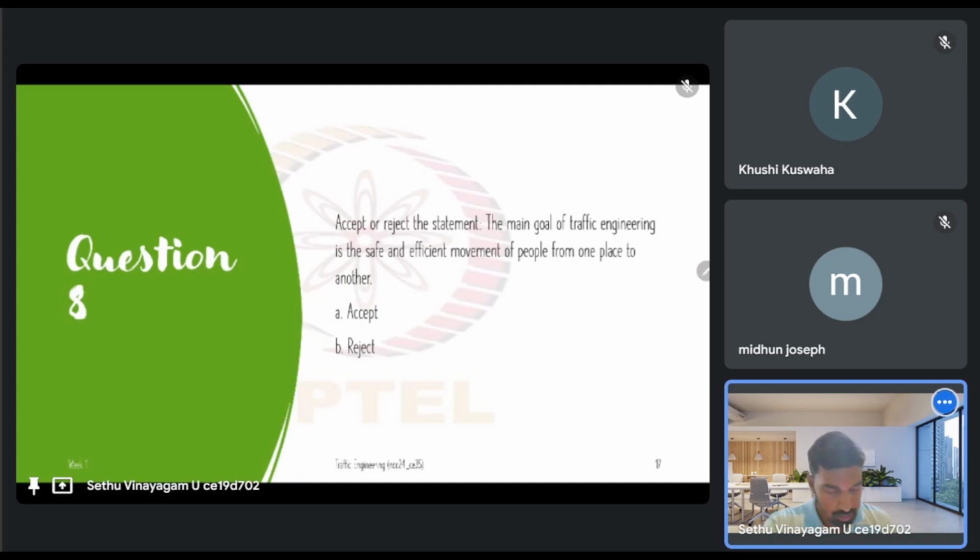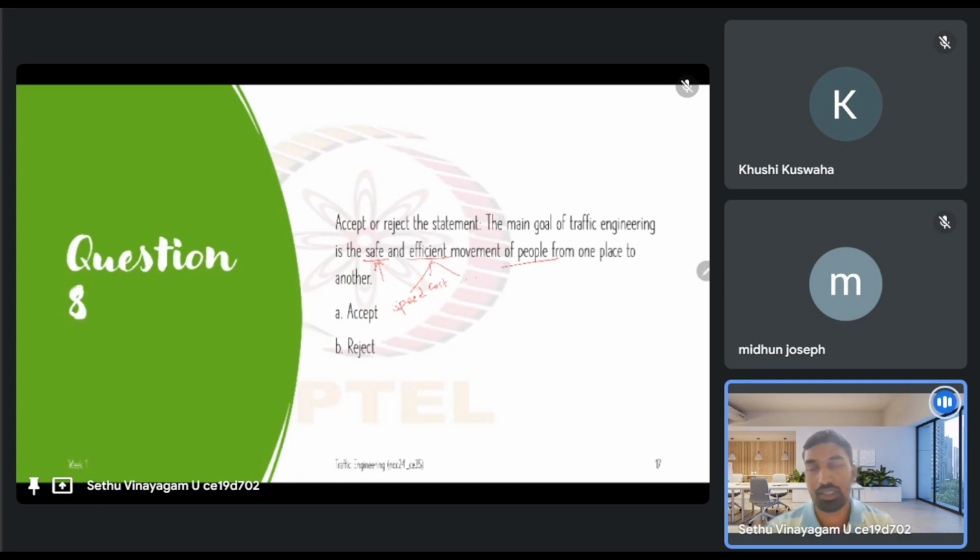Here we are looking at the movement of people. Goods is not here, but that doesn't mean we are not considering it. So one of the main goals is to move people from one place to another in a safe and efficient manner. These are the objectives. Safety is the primary objective. Efficient has all those different objectives like speed, cost, and so on.